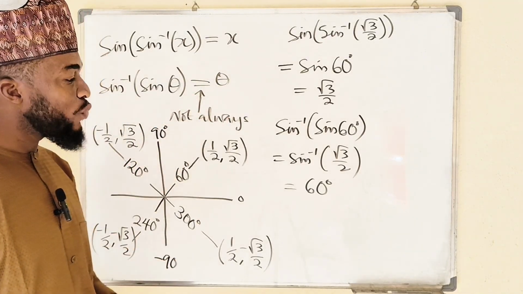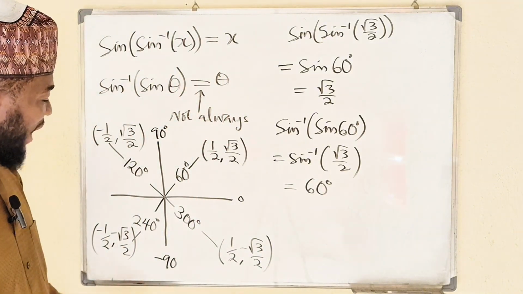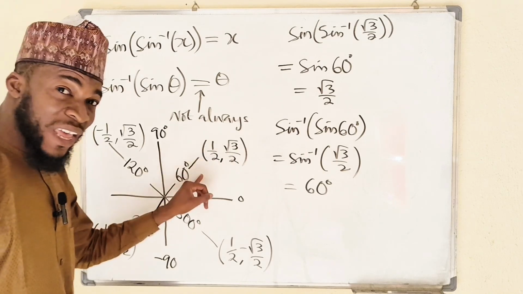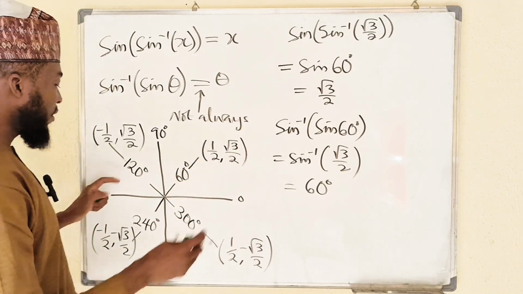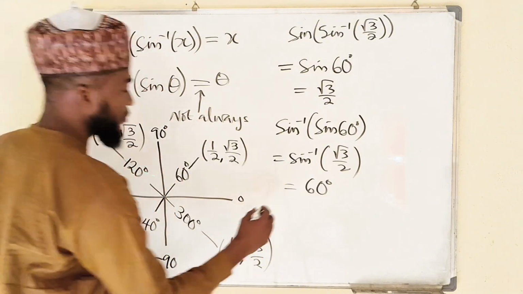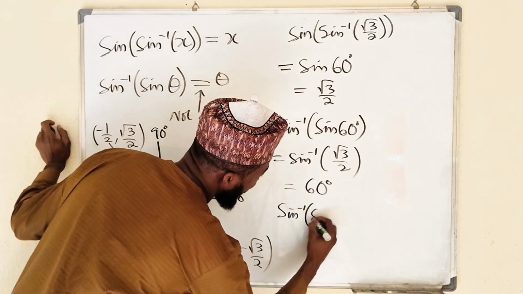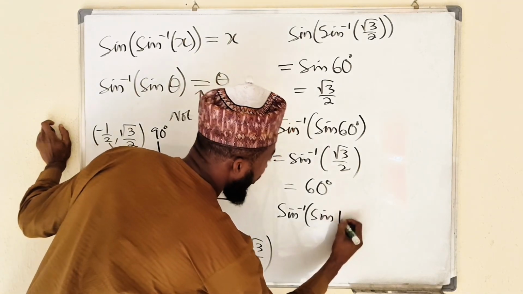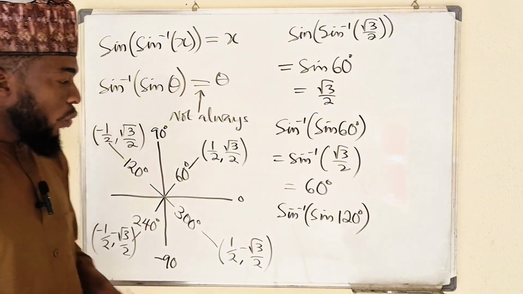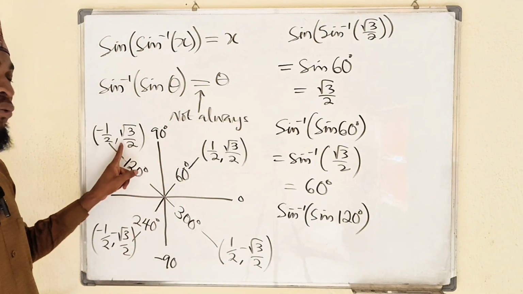But let me show you a situation where it will not be equal to theta. Once you pick an angle anywhere other than here, it will be different. For example, let me take this and this as reference. Sine inverse of sine of 120 degrees. What is sine of 120 degrees? It's root 3 divided by 2.